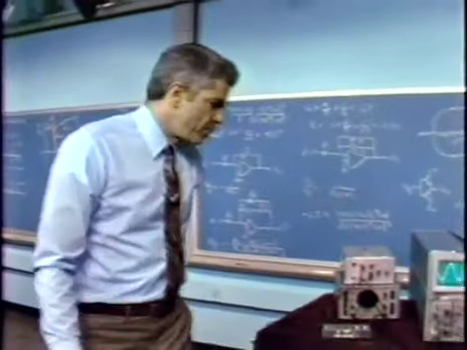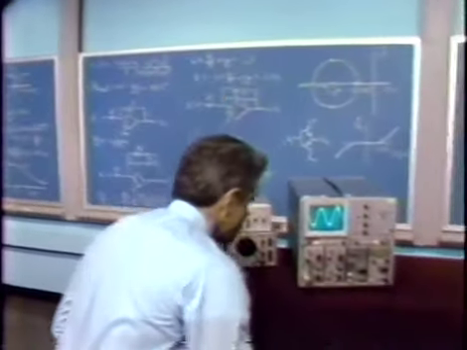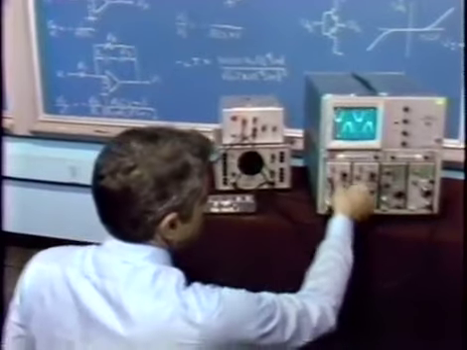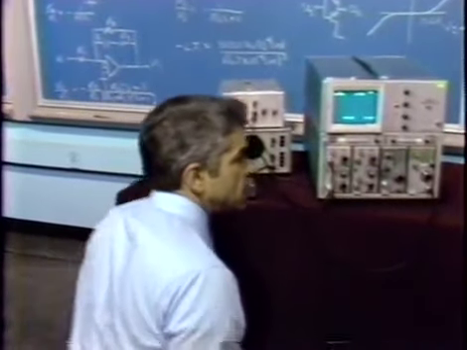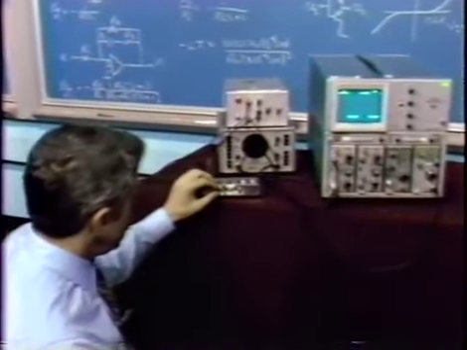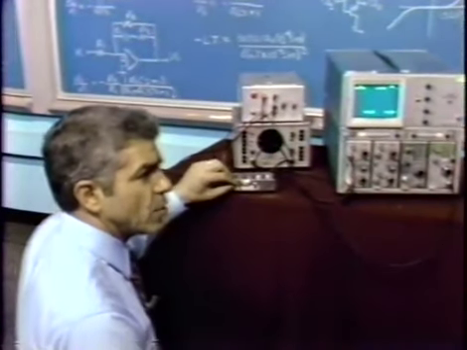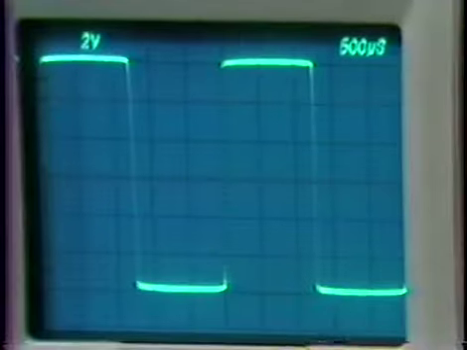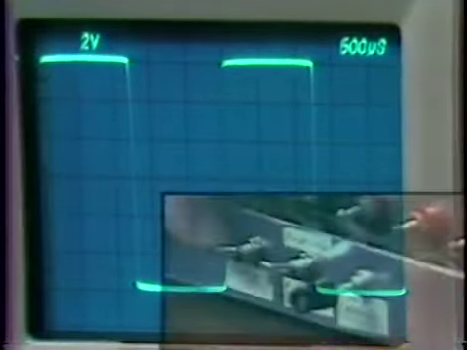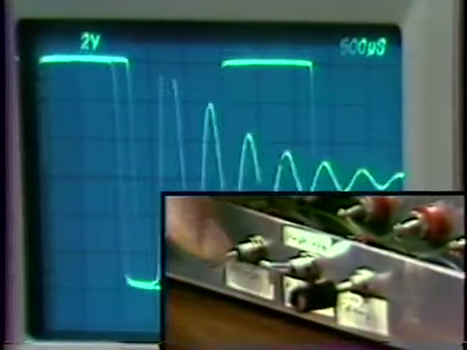Let's look back at the output of our system. Here's the system oscillating. Here we have the compensation. If I throw the compensation switch, what we do is simply close that switch that I showed earlier in the schematic diagram.